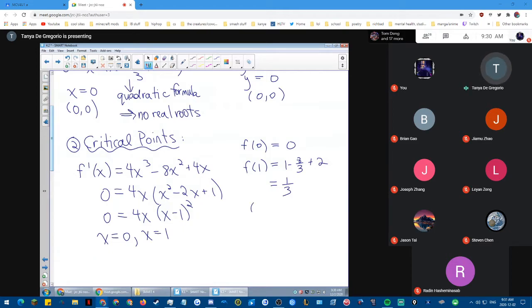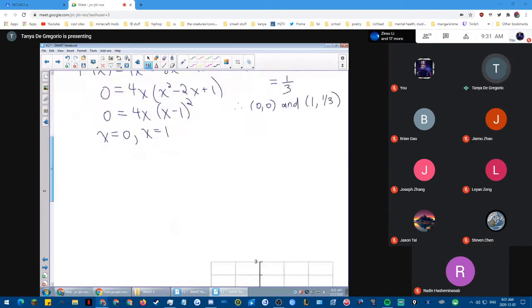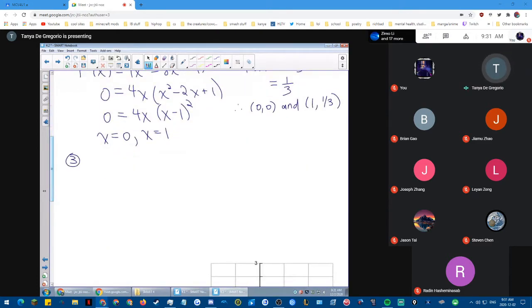Okay, so I have something happening here. I just don't know whether they're maxes or mins, but something's happening here. These are my critical points. Next, we want to find out whether they're maxes or mins. So we're going to check for increasing, decreasing, and to do that, we use a chart.